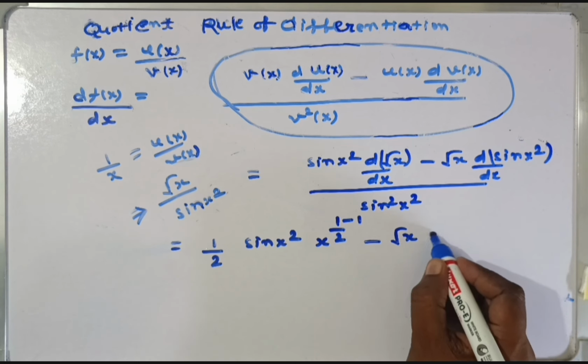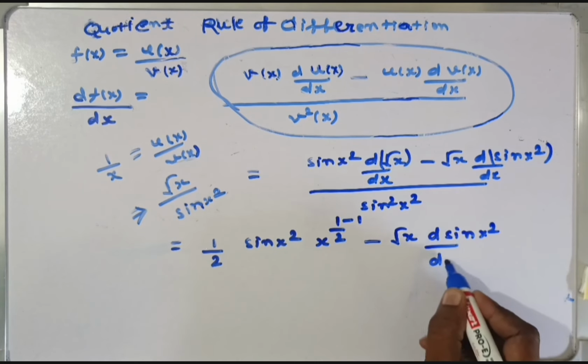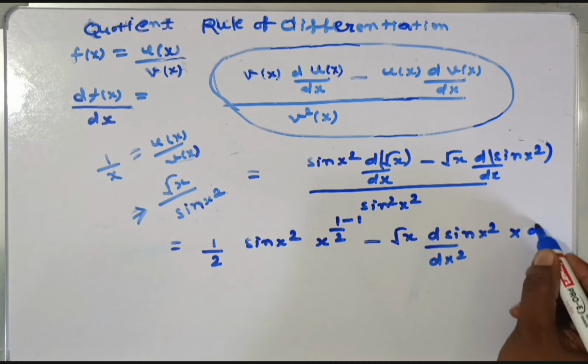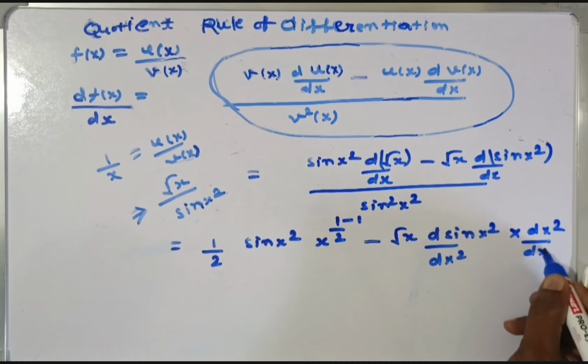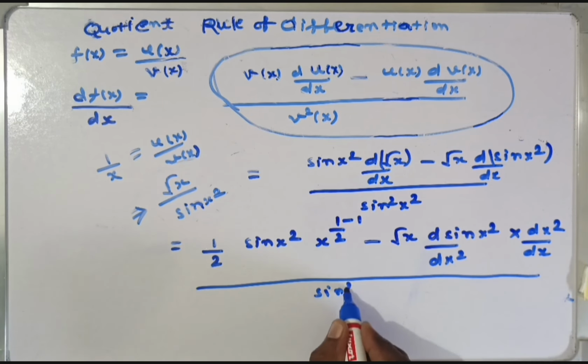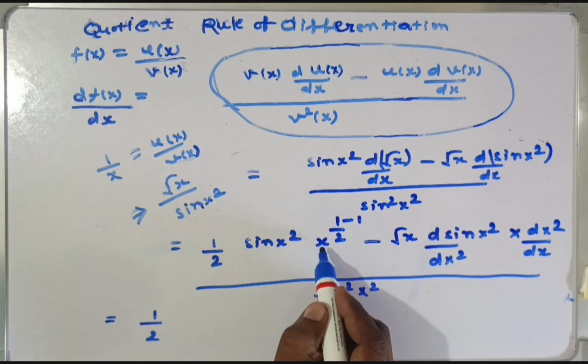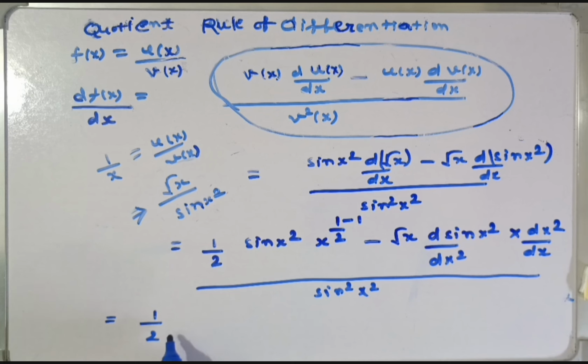What does it say? We write sine x square, the derivative of x square, then dx square by dx, and the whole divided by sine square x square. Then we write 1 by 2, and this is x to the power of minus 1 by 2, so this is under root over x, into sine x square, then root over x.